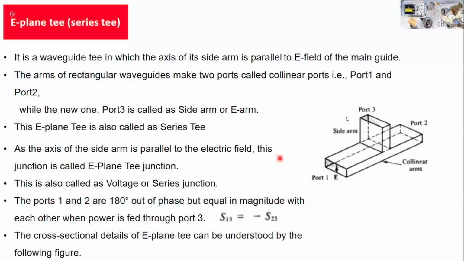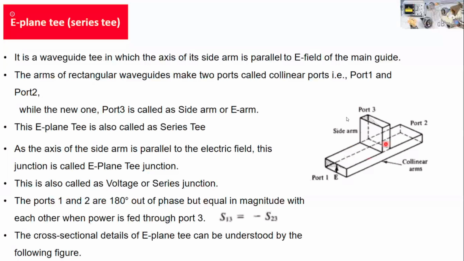So it will be utilizing 3 cross 3 matrices, and that matrix is nothing but the S parameter matrix. Because of this structure, it relates directly to an E type structure, so it is known as the E plane T. Basically it is a waveguide T in which the axis of its side arm is as shown.